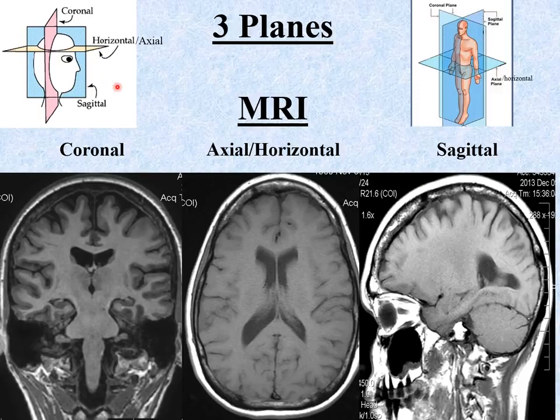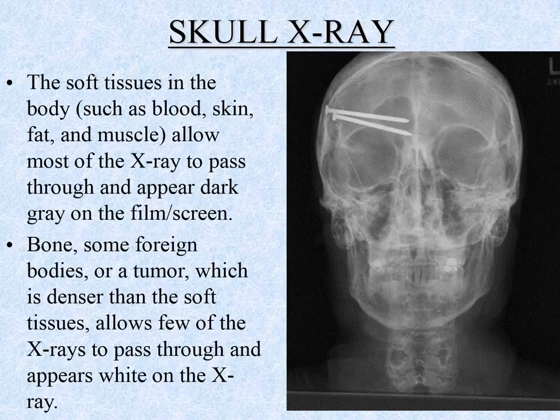Or a sagittal image, which is the blue represented over here. It's essentially a cut down the midline and can be off the midline, moving gradually laterally. So sometimes we have images in three different planes.